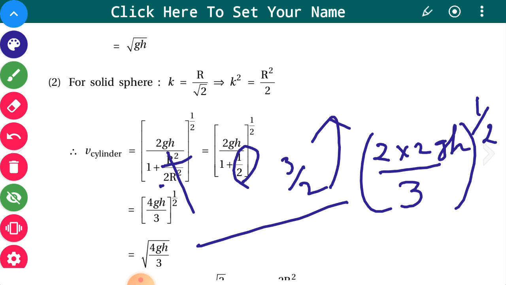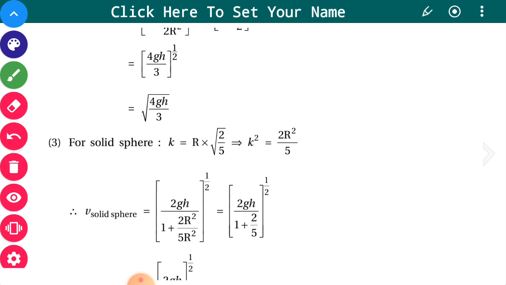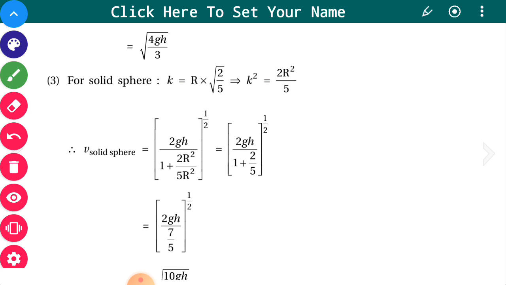So it is simplified here, 4gh upon 3, and the square root of it will be the speed of the cylinder.